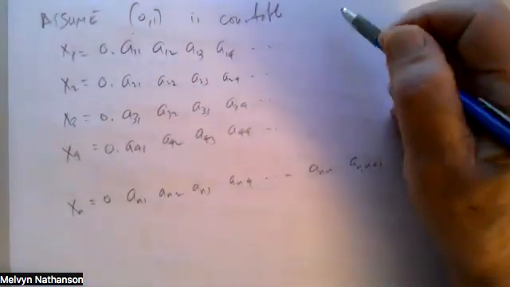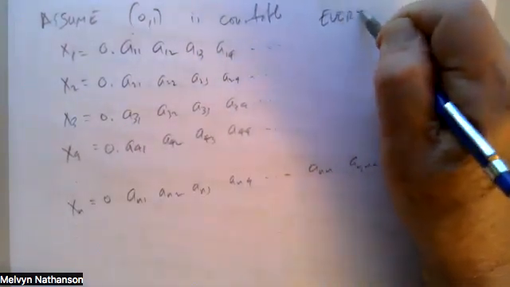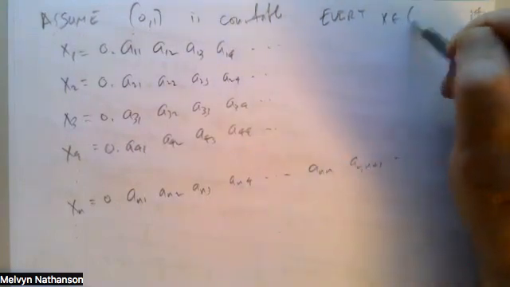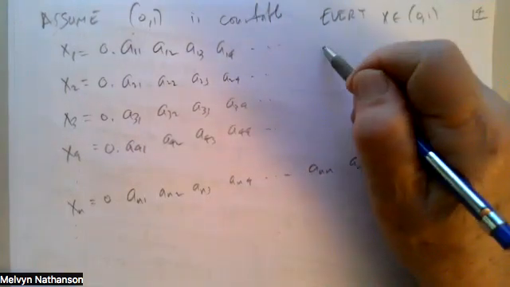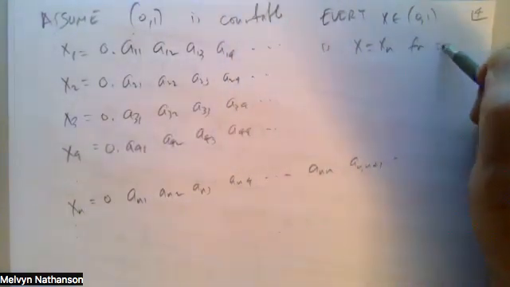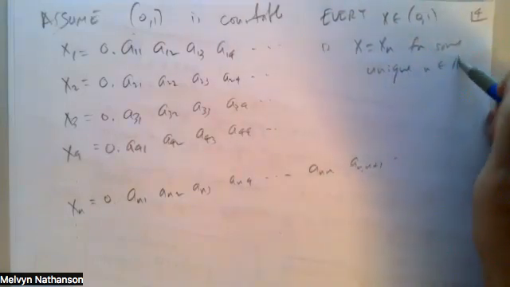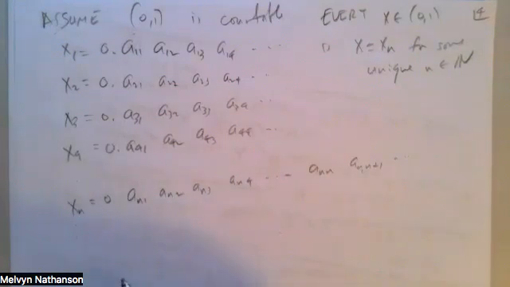You have this long list of decimal digits. You have the decimal representations, and our hypothesis is that every x in the interval from 0 to 1 is equal to one of these numbers for some unique n in the positive integers.